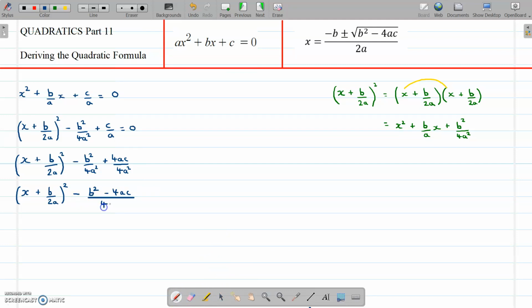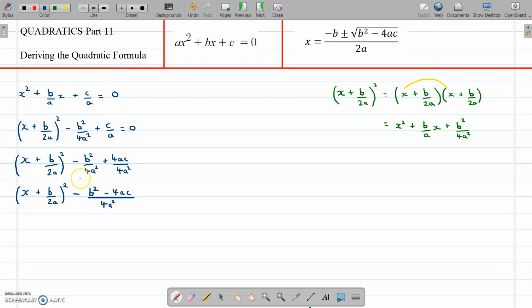Now, you may be looking at that and noticing that that plus sign has apparently changed to a minus sign. Well, it has for good reason, because what we've done here is, by putting this fraction line in here, we've effectively put a bracket round all of this and turned it into a single entity, if you like.